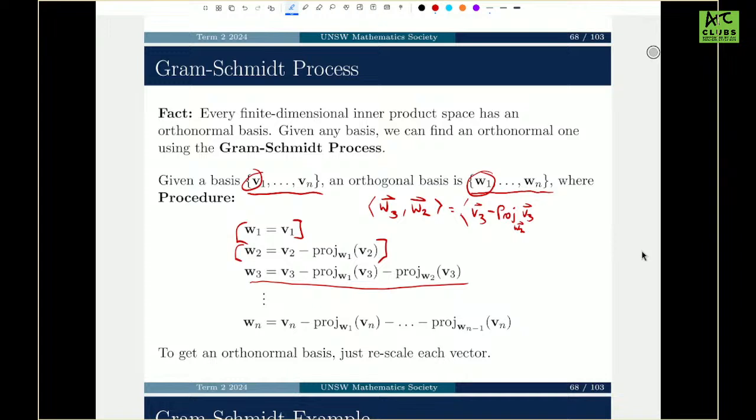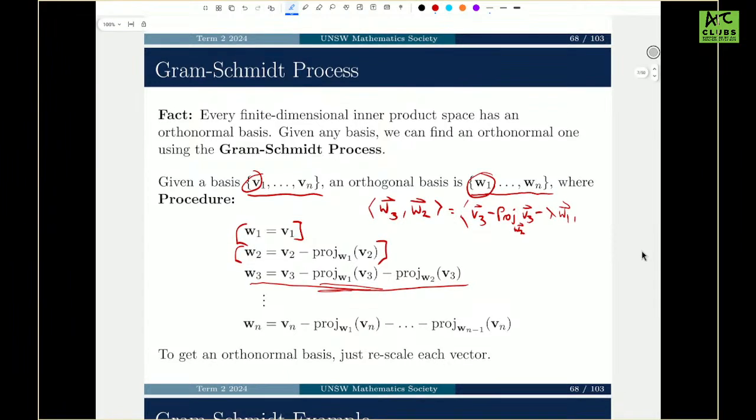That's W2, and this is, so yeah, we'll notice that this projection of V3 onto W1, this term here, is some scalar multiple of W1. So I'm just going to write that as lambda W1. And then we're taking the inner product with W2. Just like that.